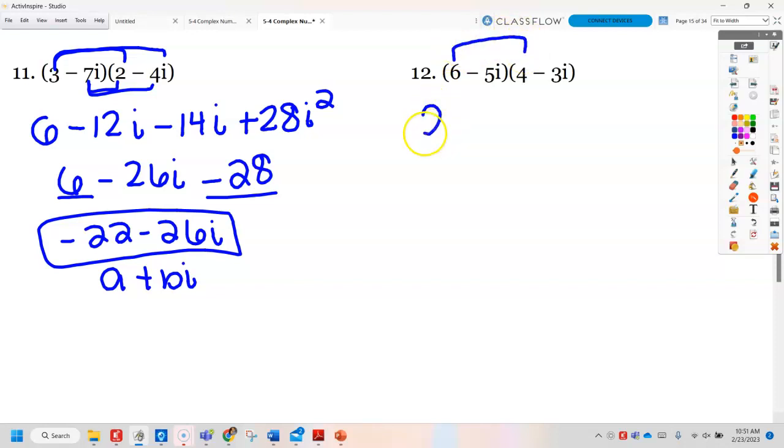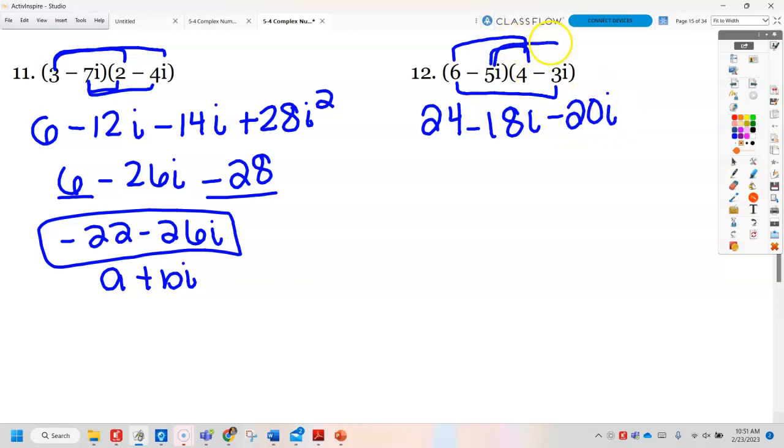First, outer, inner, last, combine like terms, change your i squared.